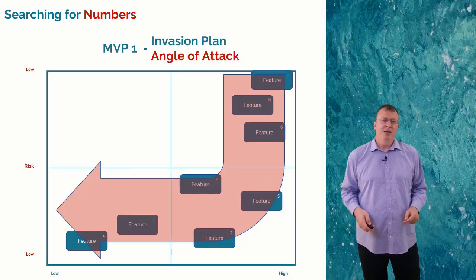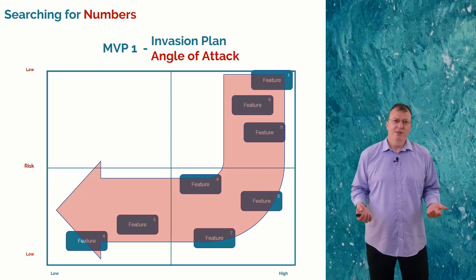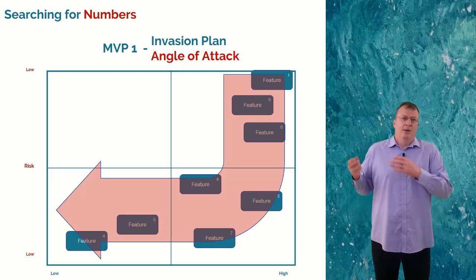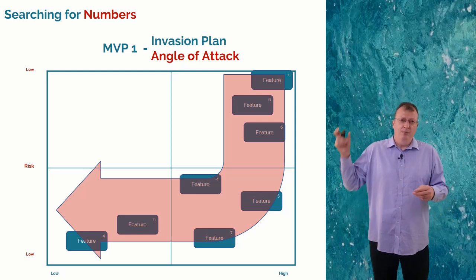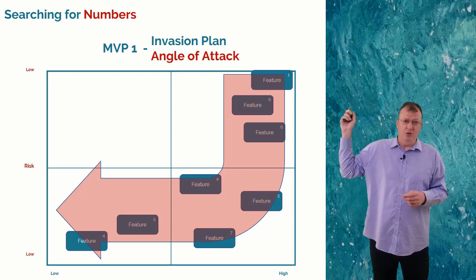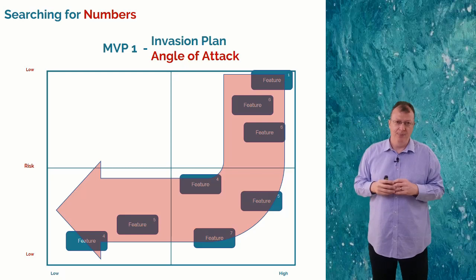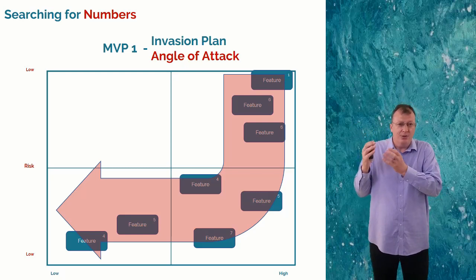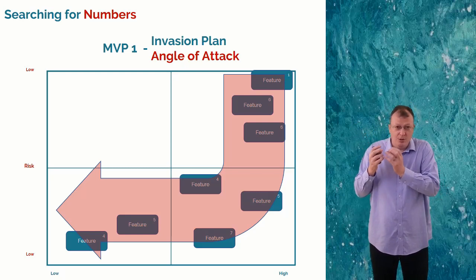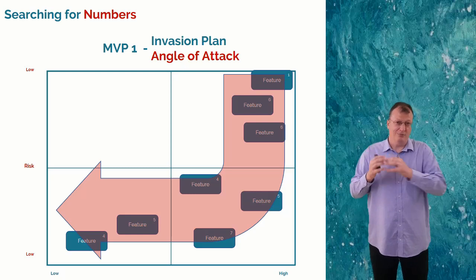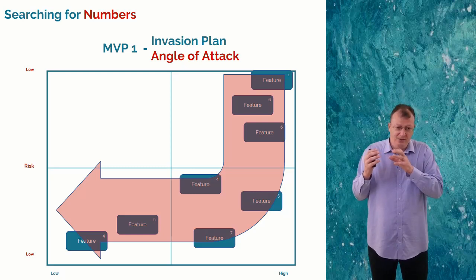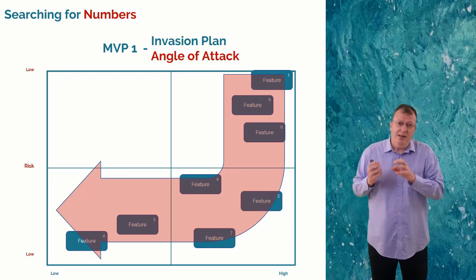So what this basically means in our world of innovation, if we're looking at a risk-based angle of attack, is we don't start with the top right-hand feature, the most important, most risky feature, and then finish it in its entirety. We understand where the risk is inside of it. Where is the important critical piece which we're also concerned about and scared of? And we only take that piece and get to grips with it.